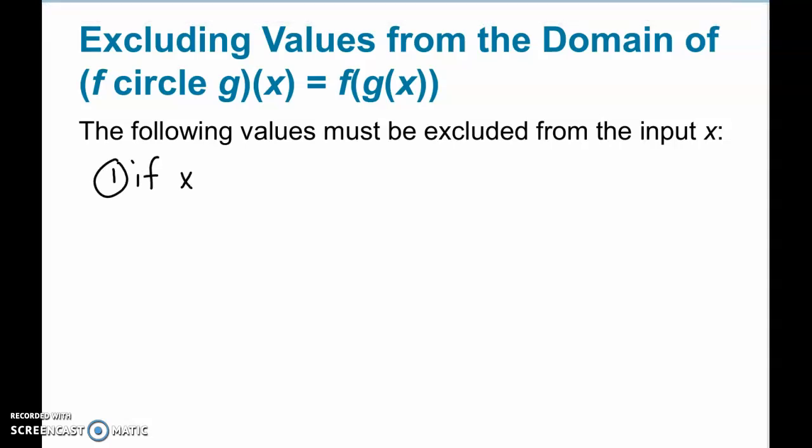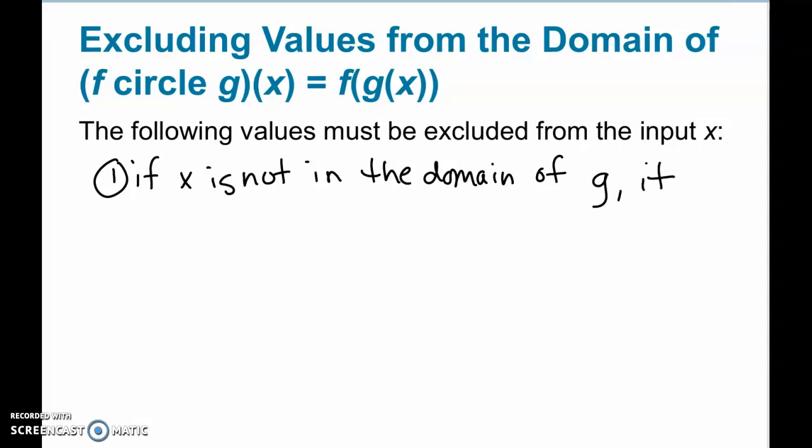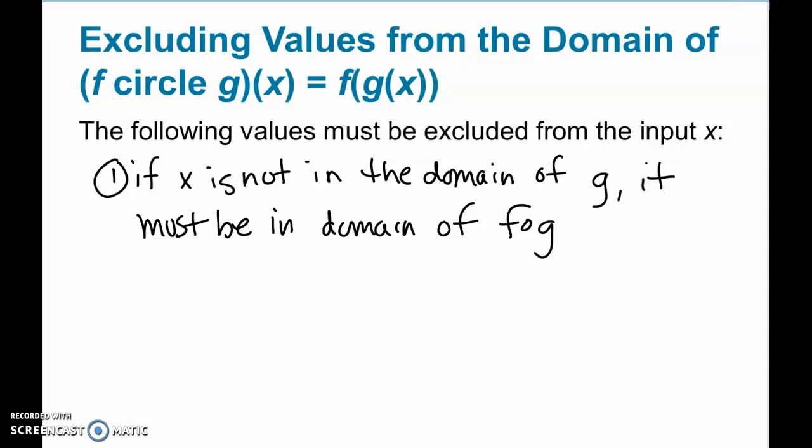If x is not in the domain of g, it must not be in the domain of f composite g. And they wrote out circle here. That's just the description. This is the same as writing this, right?